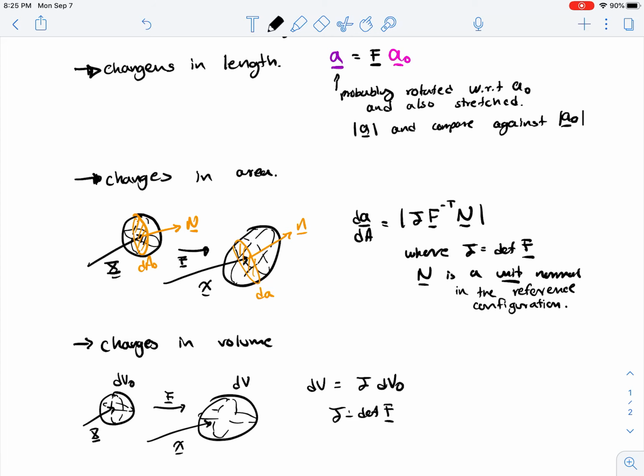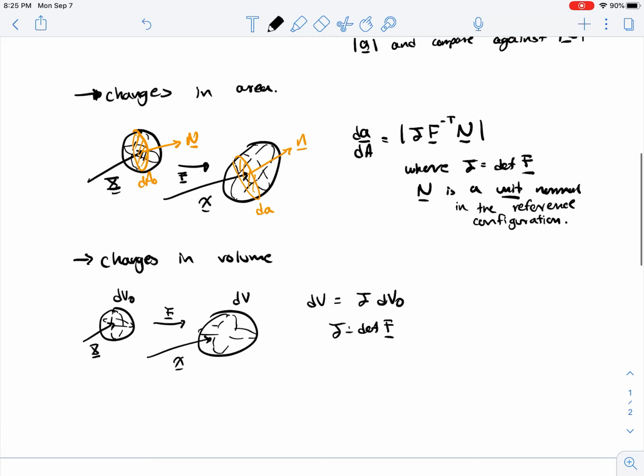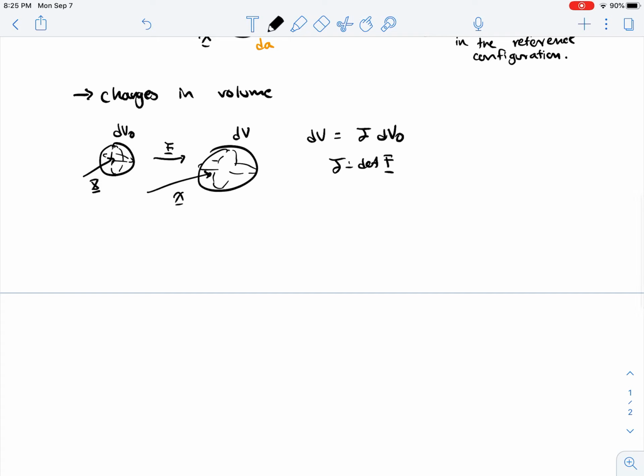So that gives me the volume change. So that's it for F, and I just wanted to have a brief recap of the three things, and that's going to come up in your homework. Now, the other thing that I defined after that, and again, just a quick recap, is what's extra with respect to F. So what are other things that you're maybe more familiar with, such as strains?